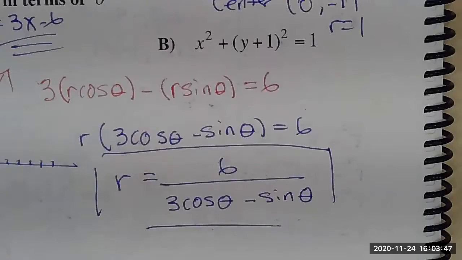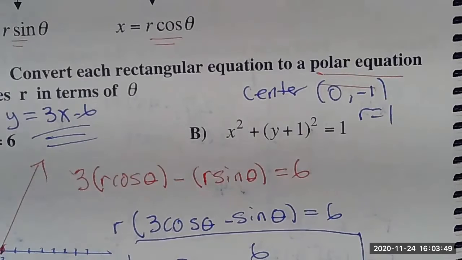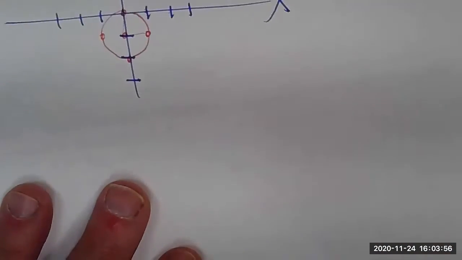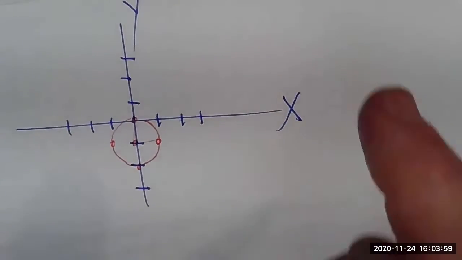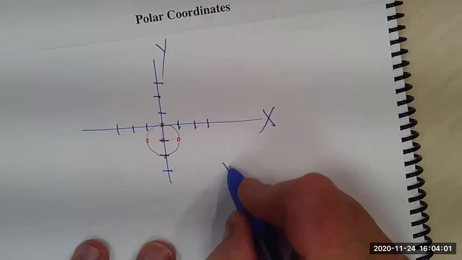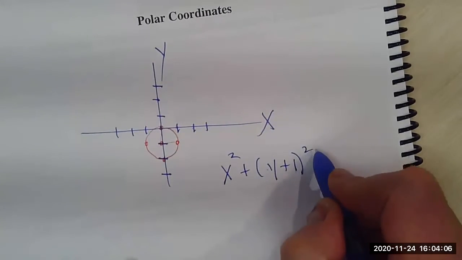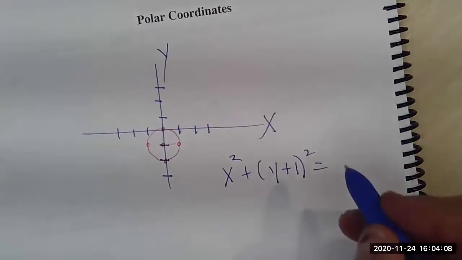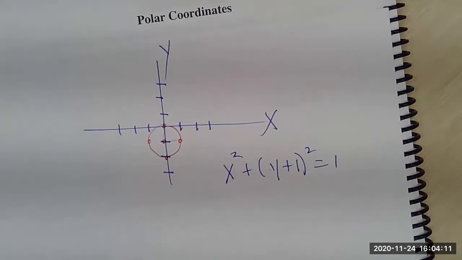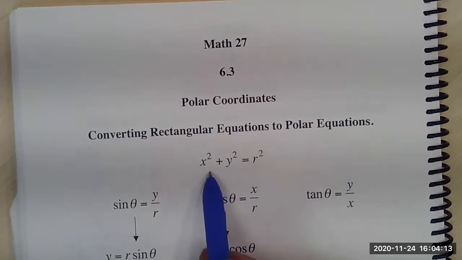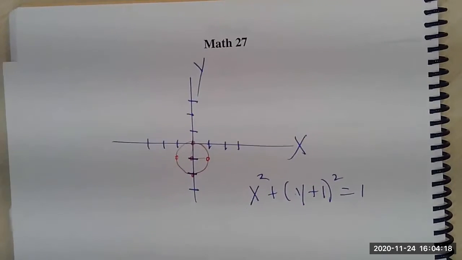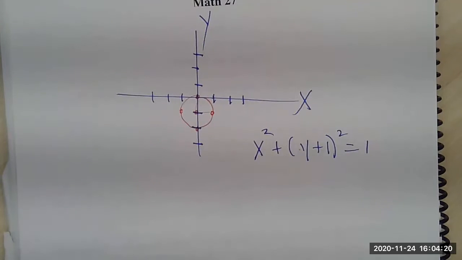How do you get rid of all the x's and y's? So here's an idea. I'm going to rewrite the equation. Because I see an x squared, I'm going to target this, because if I FOILed out this binomial, I am going to get a y squared.